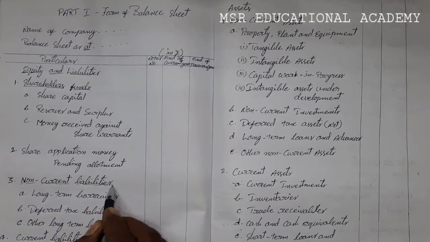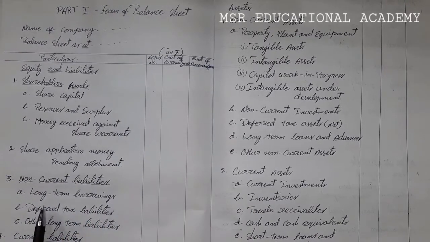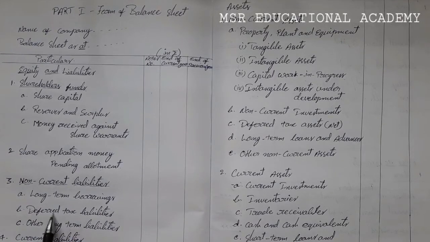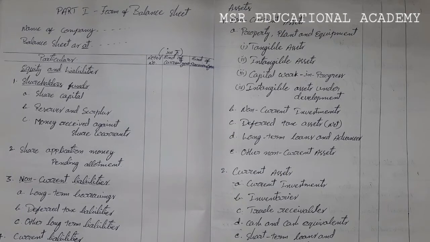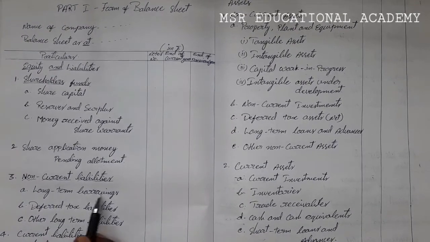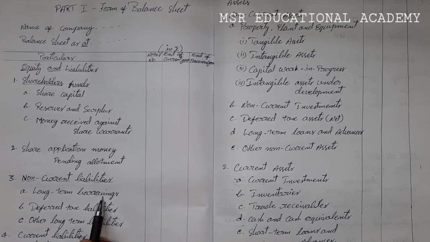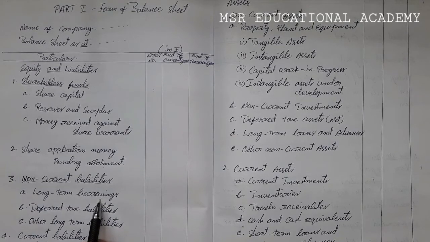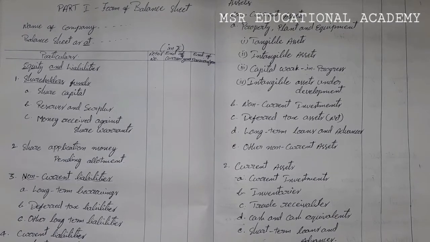Under non-current liabilities there are three separate heads: long-term borrowings, deferred tax liabilities, and other long-term liabilities. Long-term borrowings are borrowed from financial institutions as loans like that, and we should write them under non-current liabilities.